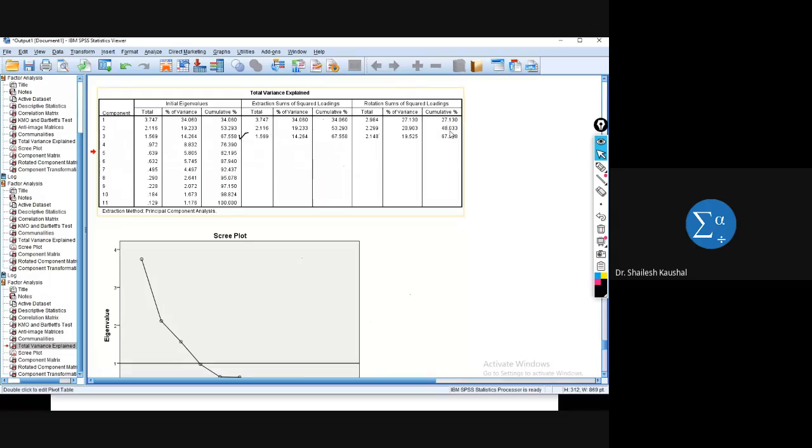When we combine all three components, the outcome will be the same. So the purpose of this table is to know the number of components. Through this table we understood that we are taking only three components, because all three have eigenvalue greater than one, and another is to check whether the cumulative percentage is greater than 60% or not. Here it is greater than 60%.